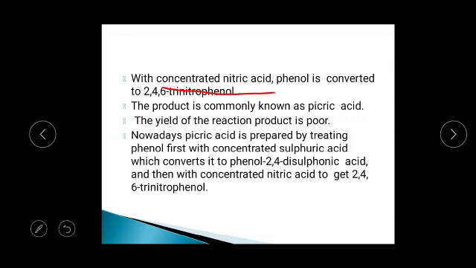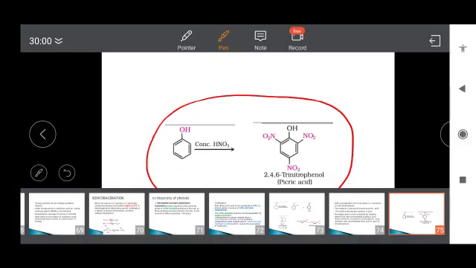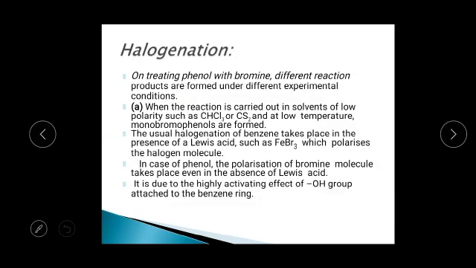Here the product yield, the amount of product produced, is very low. Reacting with concentrated HNO3 gives 2,4,6-trinitrophenol, whose chemical name is picric acid.